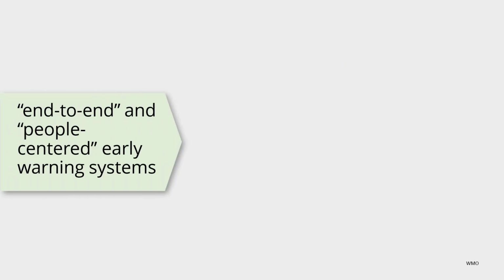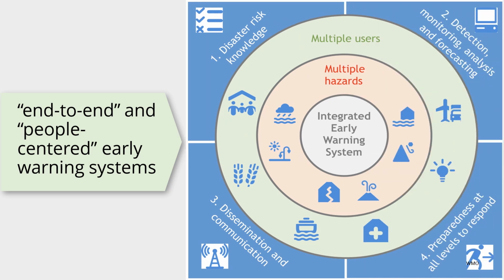The difference between end-to-end or people-centered early warning systems and regular early warning systems is that there are actually four new dimensions. One of them is the dimension of disaster knowledge, which is based on the systematic collection of data and disaster risk assessment.